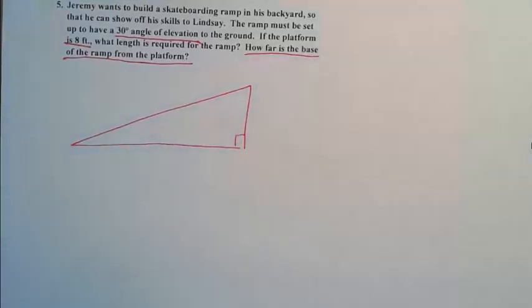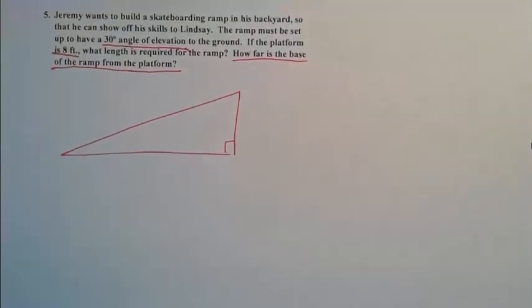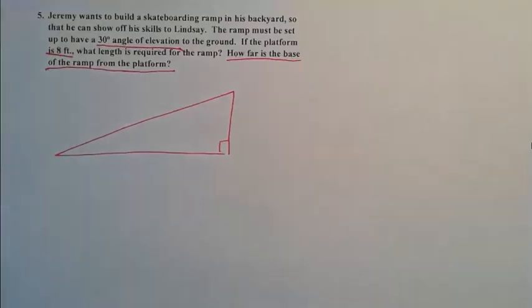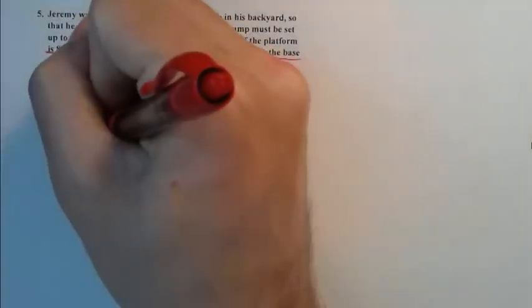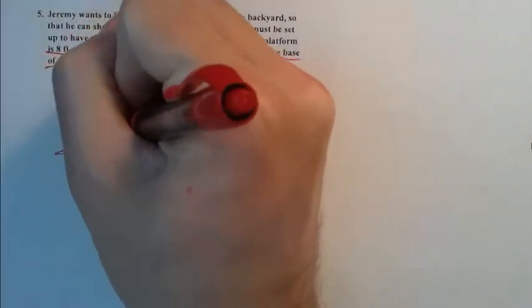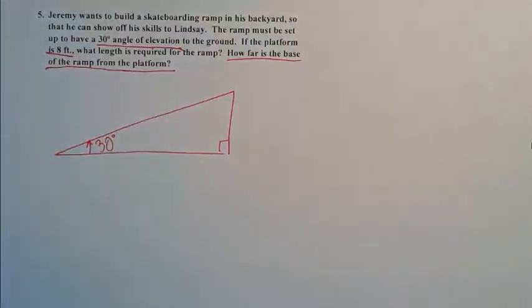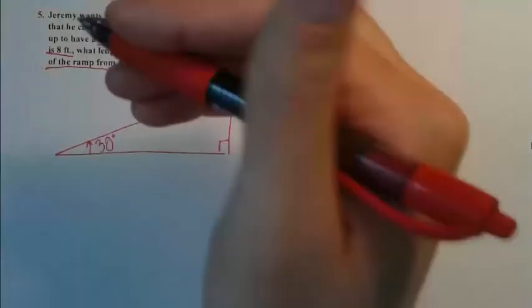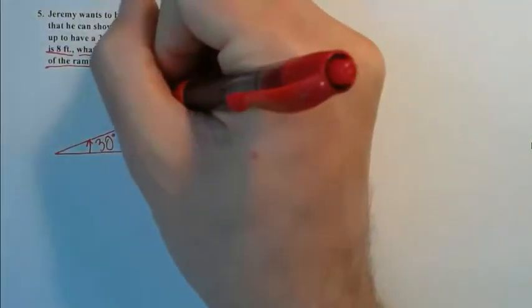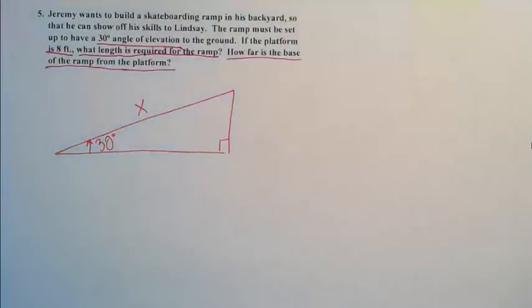So we start off with our right triangle, obviously, and we're going to have a 30-degree angle of elevation. So we're building this on top of a platform, and we have to make sure we're careful with what's the ramp and what's the platform. It also asks what the length is required for the ramp, so we don't know the ramp length.